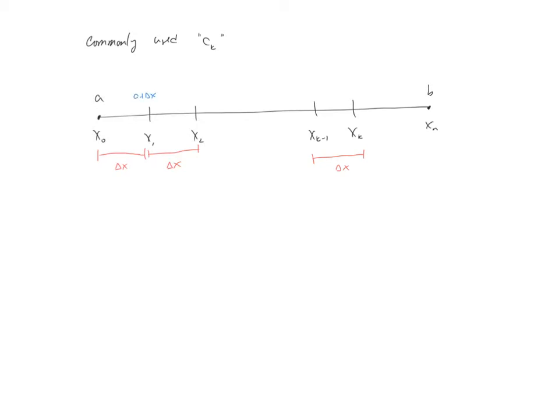If I start at a and move over a distance of delta x, that's why we get a plus delta x. This one would be a plus 2 delta x. The next one would be a plus 3 delta x, all the way down to a plus n delta x.